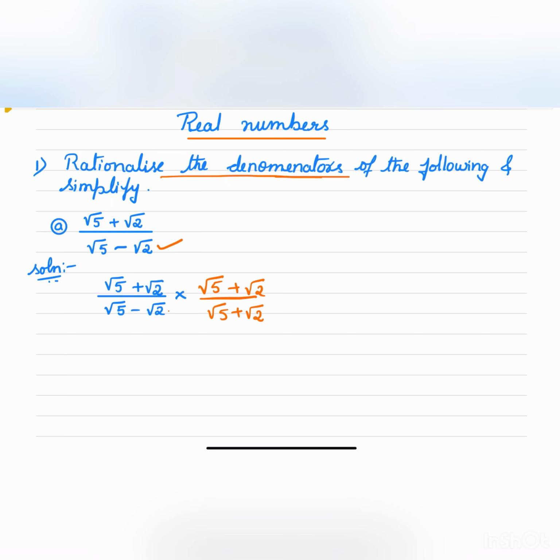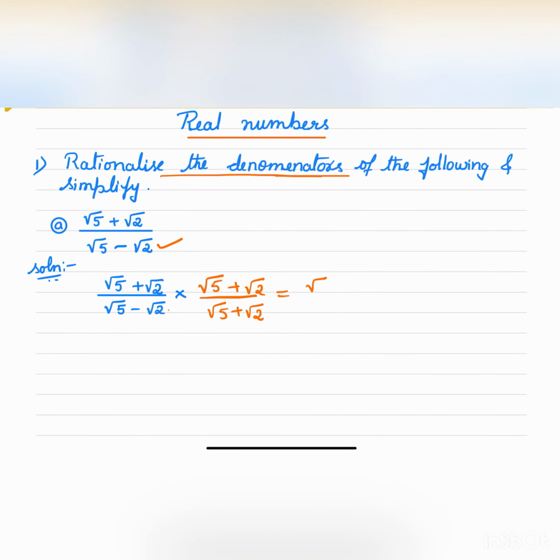When we see the numerator, it is a plus b into a plus b, which is root 5 plus root 2 whole square, divided by the denominator, which is a minus b into a plus b. So it is root 5 whole square minus root 2 whole square.